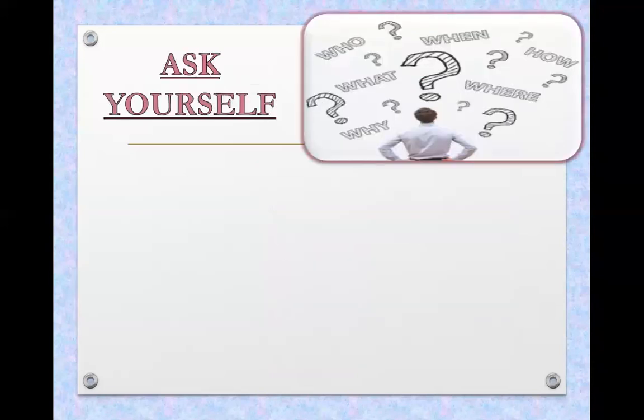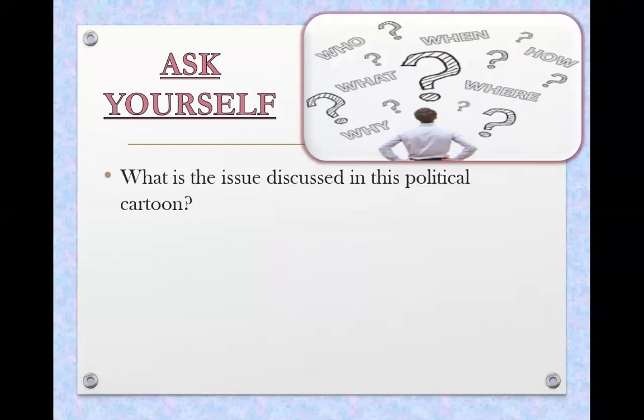Now, when doing the picture, you need to ask yourself, what is the issue discussed in this political cartoon, right? Like when I discuss the Bengal partition directly, even if you are not able to look at the caption written for the picture, you can easily identify it, because the broken statue of India had the names written, East Bengal, West Bengal, Assam and all.